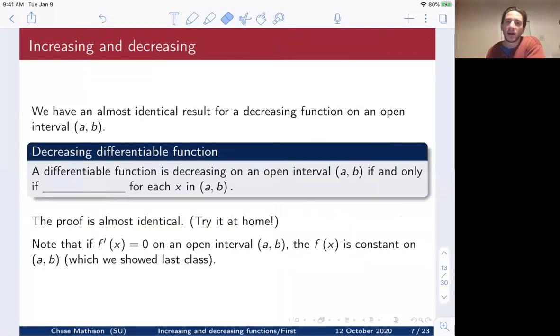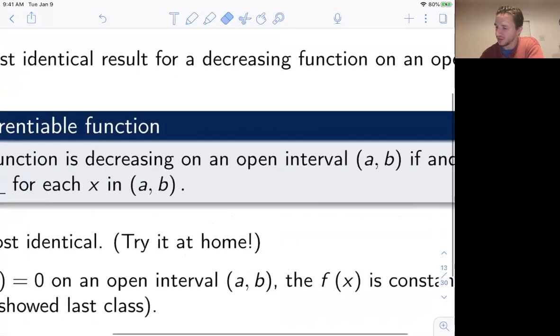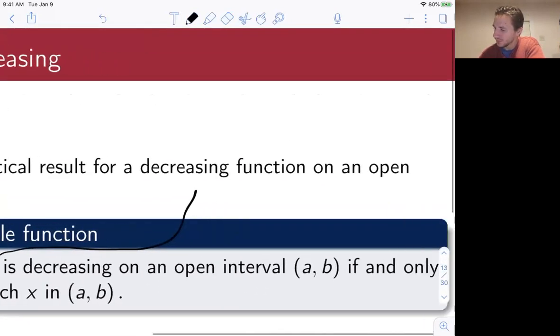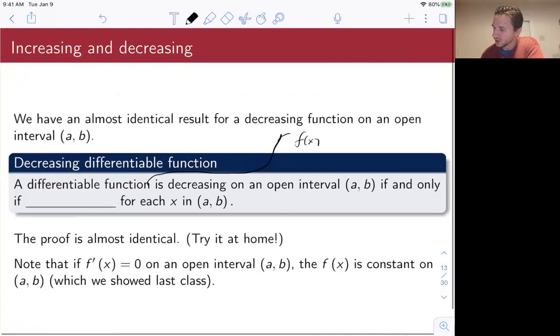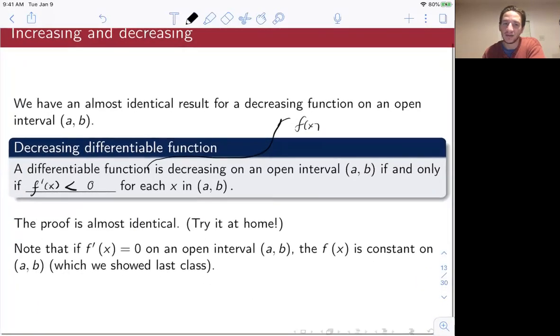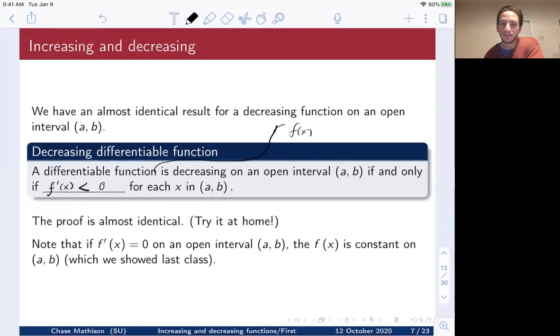Okay. So, there's an almost identical result for a decreasing function on an open interval. A differentiable function f is decreasing on an open interval a to b if and only if f prime of x is strictly less than 0 for each x in the interval a to b.